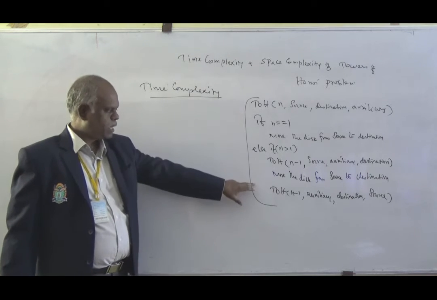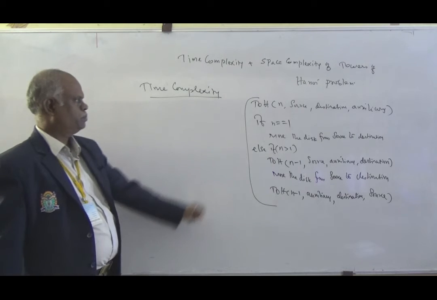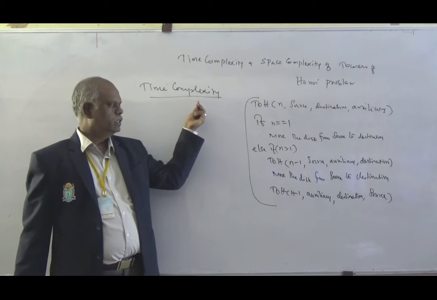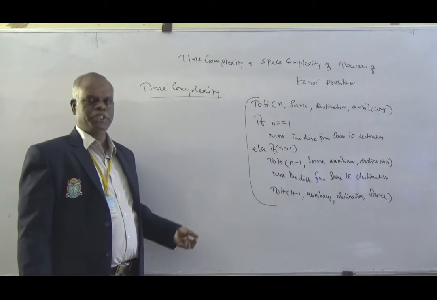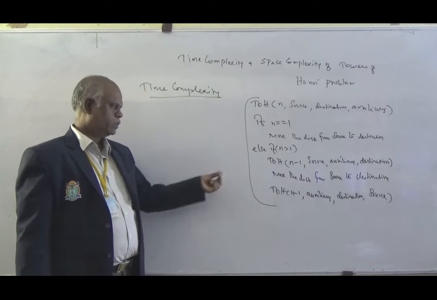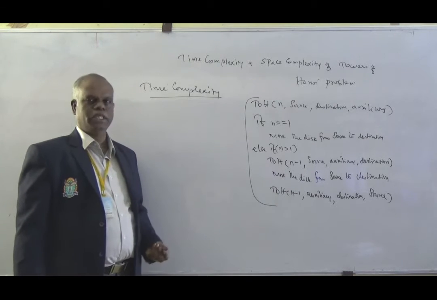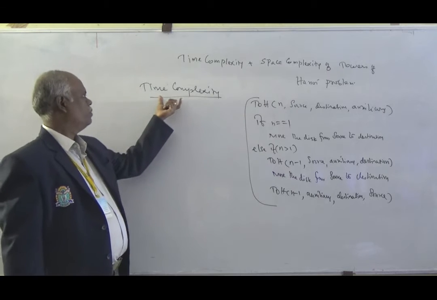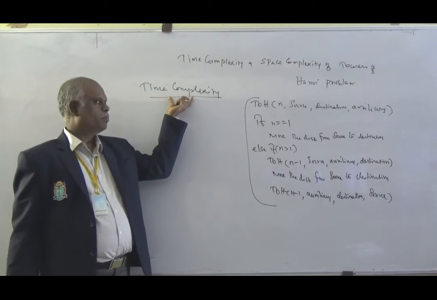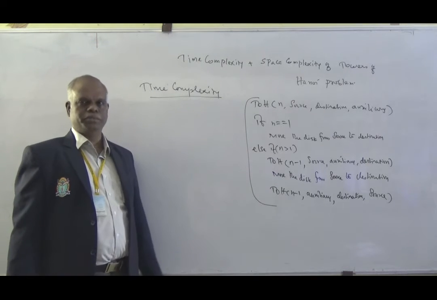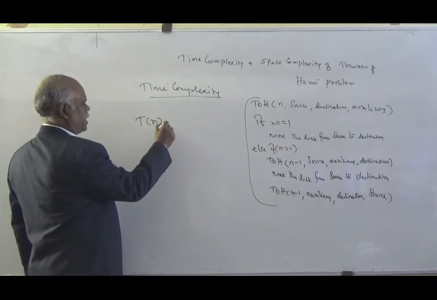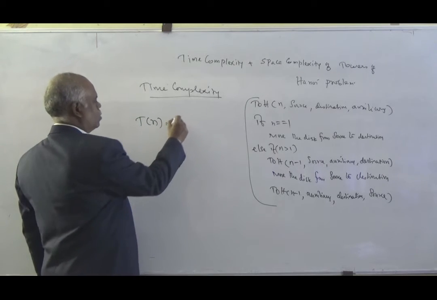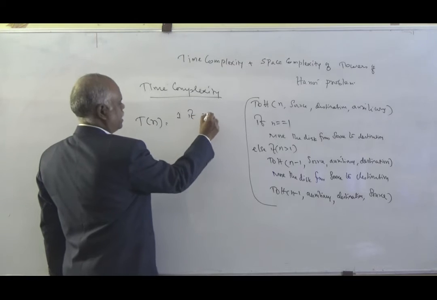But strictly speaking, we cannot express the time complexity in terms of time, because the configuration of machine and the software differ. So we are going to express the time complexity in terms of number of steps. So here, time complexity T of n is equal to 1 if n is equal to 1.